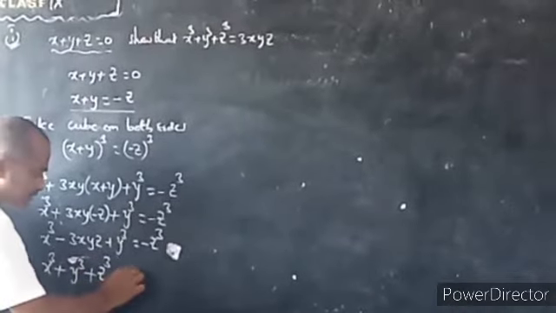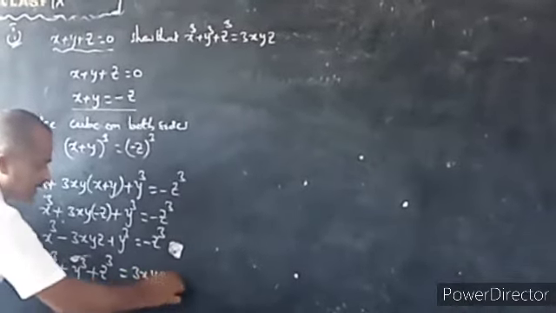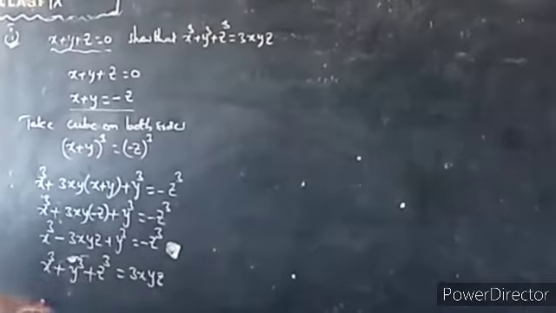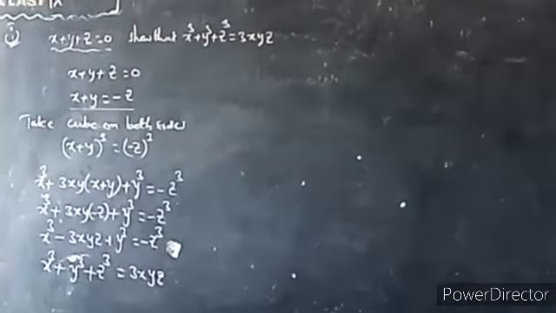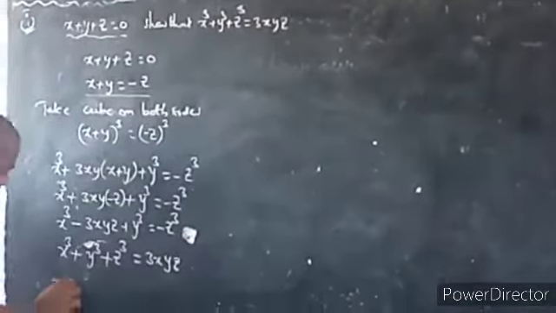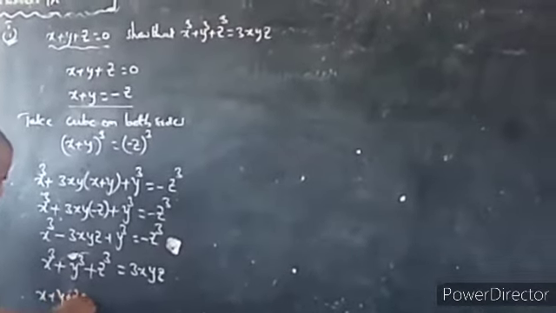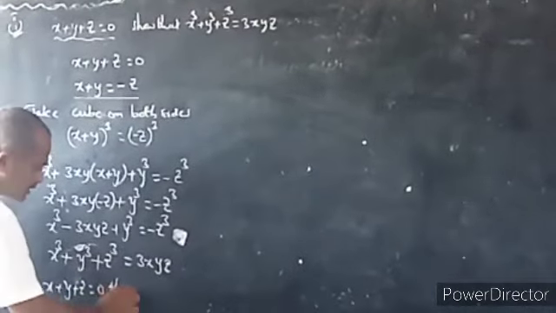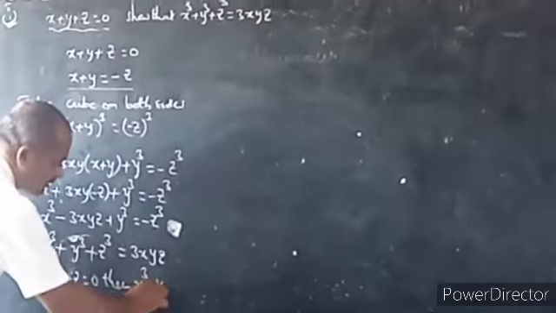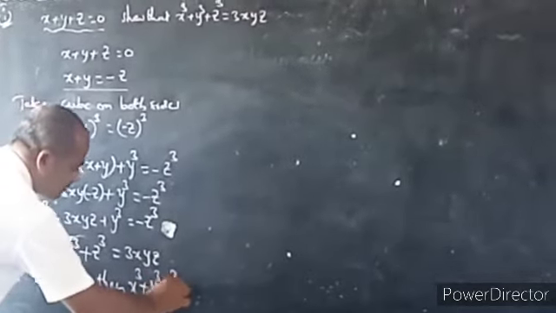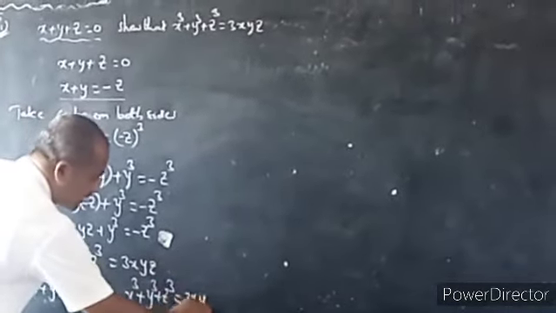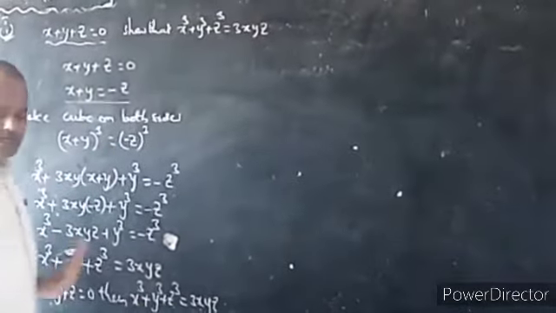That is what was required. So if x plus y plus z is equal to 0, then x cube plus y cube plus z cube is equal to 3xyz. Is it clear or not?